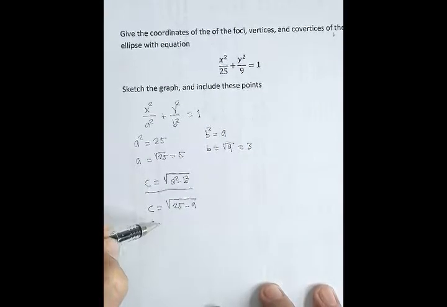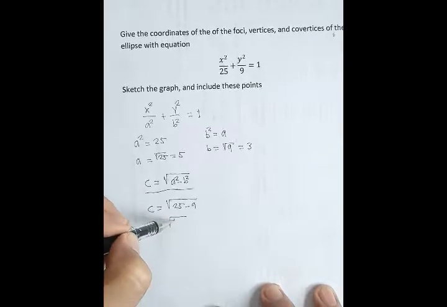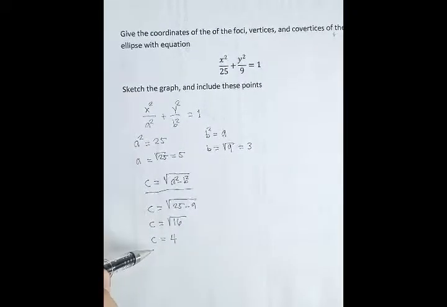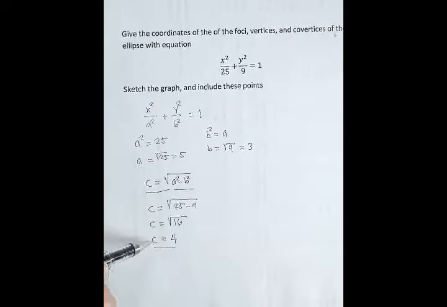So c is equal to the square root of 25 minus 9, which is 16. So our c is equal to square root of 16, which is 4. So kaning value sa c is 4. This will help us in determining kung asa ang atong F1 o F2.